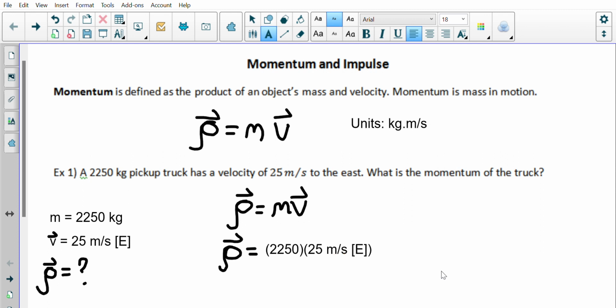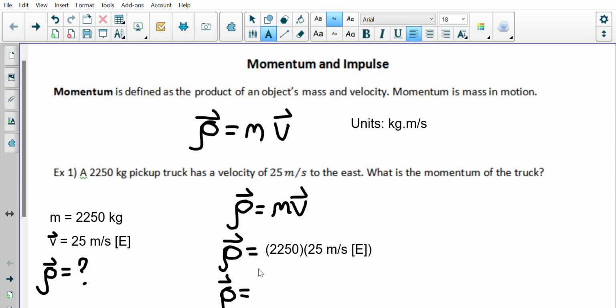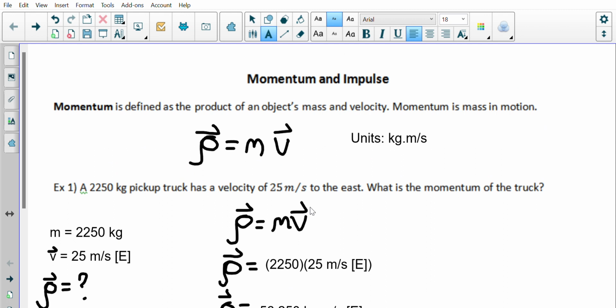Now if I multiply those two values, our momentum is going to be a vector. I end up with a big number, 56,250 kilogram meter per second. And because momentum is a vector, it's going to be east, just like our velocity. So that's just finding momentum.